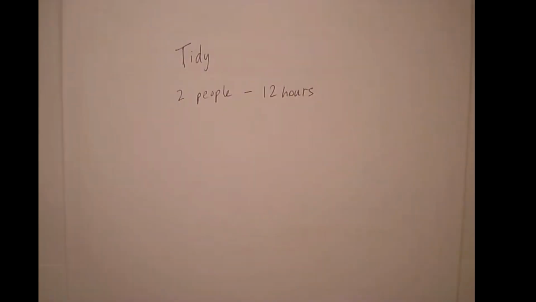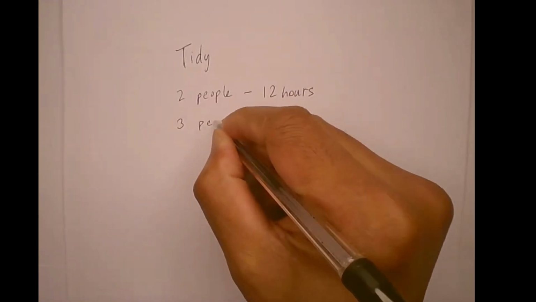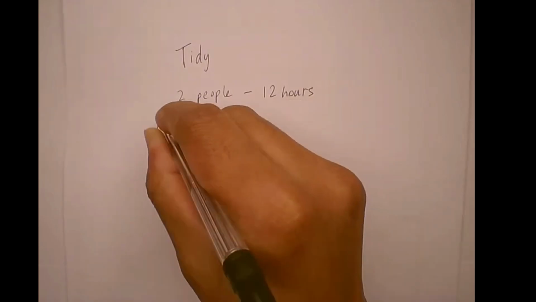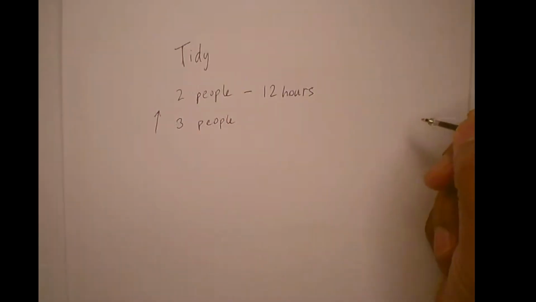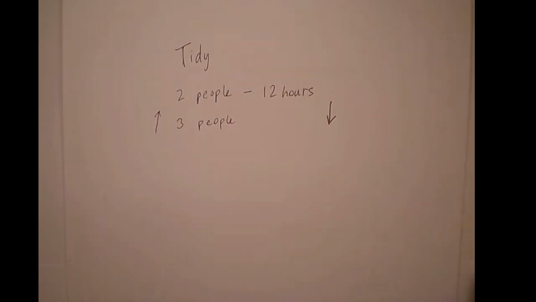Now, if you have more people tidying your room, let's say you have 3 people, how much time would it take? It should take you less time. And so as one thing increases, another thing goes down.